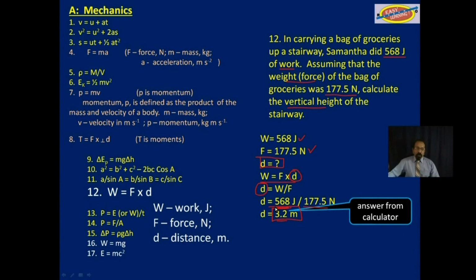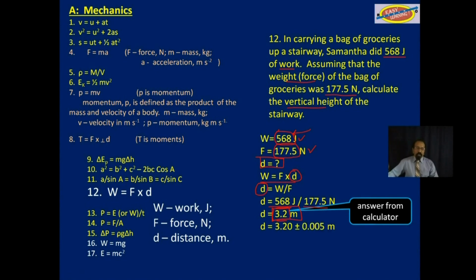We only have 2 digits, which means 2 significant figures in this case, but our answer actually required 3 significant figures, since the least number of significant figures in those 2 numbers is 3. So this 3.2, if we leave it like that, we don't have enough significant figures. Normally this doesn't happen.